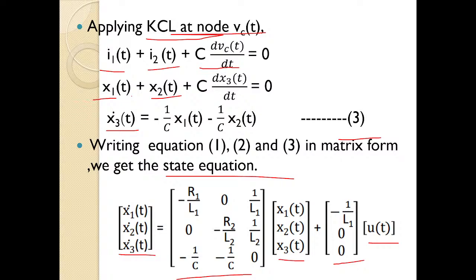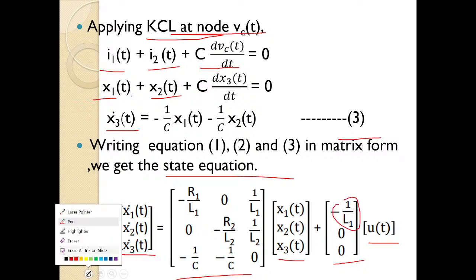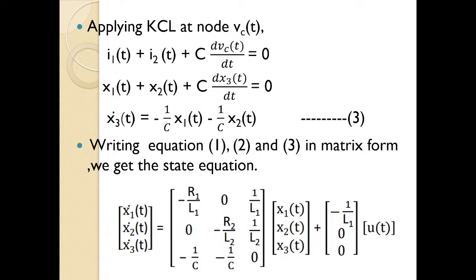In the second equation, u of t is not there. In the third equation also, u of t is not there. That's why you have got only one coefficient value, minus 1 by L1. So this is our state equation. Simply from equations 1, 2 and 3 you can write it down easily. You might already know how to write the equations in matrix form.